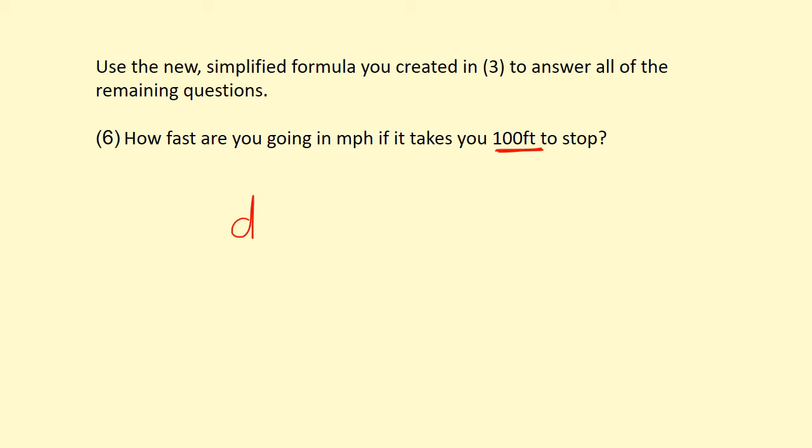We have a d, which is feet, our stopping distance, the distance in feet, and then you have your v sub 0 over here. And this is feet per second. This obviously has some other stuff around it, but these are the two letters we're left with.